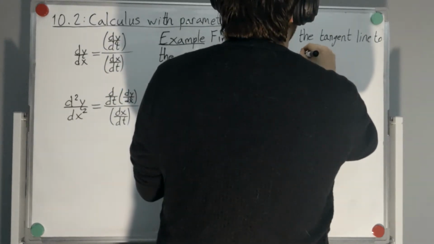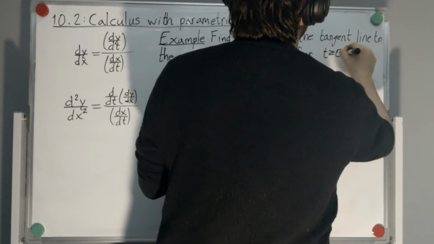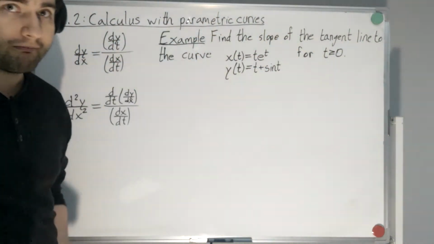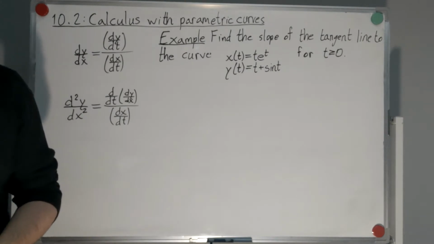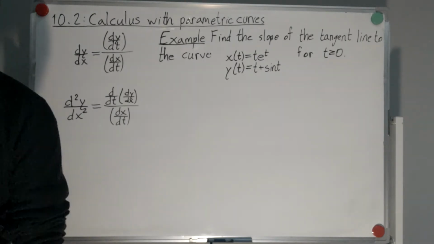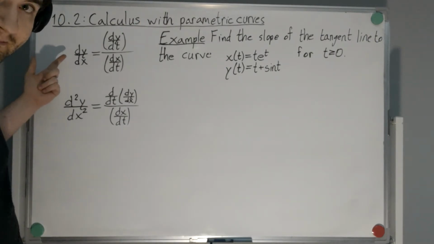And let's say we're only dealing with t being non-negative. Okay. So, if you want to find the slope of the tangent line to this curve, you just need this formula.